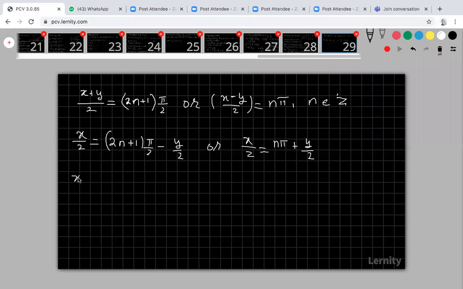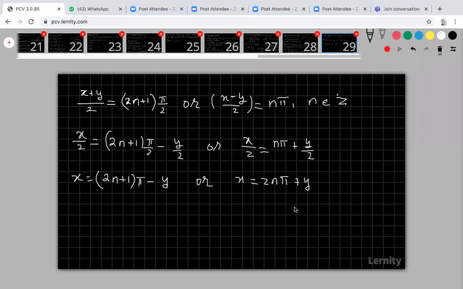So therefore here x is equal to, multiply by 2. When you multiply by 2, these two cancel, these two also cancel. Therefore I will get only (2n plus 1) pi minus y, and here x is equal to 2n pi plus y.